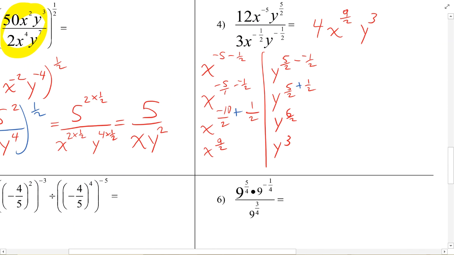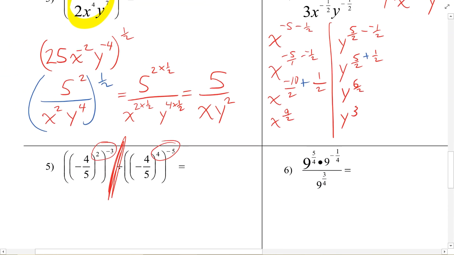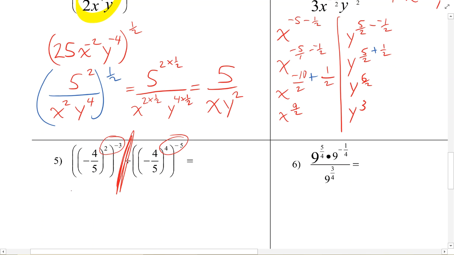All right, bottom one, the division sign kind of separates into two parts. Let's fix these first. So multiply those together first. So we get negative 4 over 5 to what exponent?